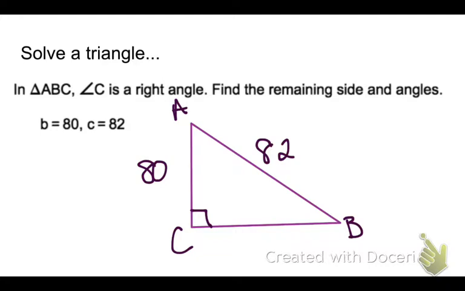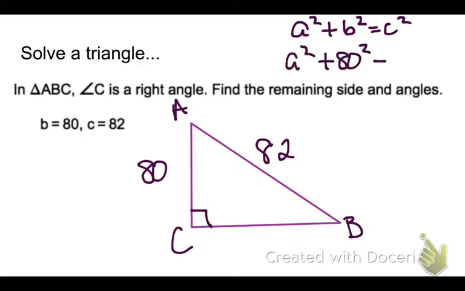I will find my third side by using Pythagorean theorem. A squared plus b squared equals c squared. So that means a squared plus 80 squared equals 82 squared.